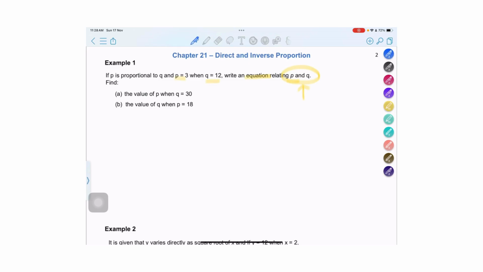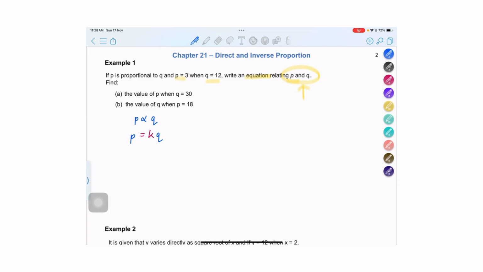Before starting with part A, let's try out the main question. What it means is that P is directly proportional to Q. In other words, when we change it to an equal sign, P equals kQ, with constant k. The next step is they say when P equals 3, Q equals 12.